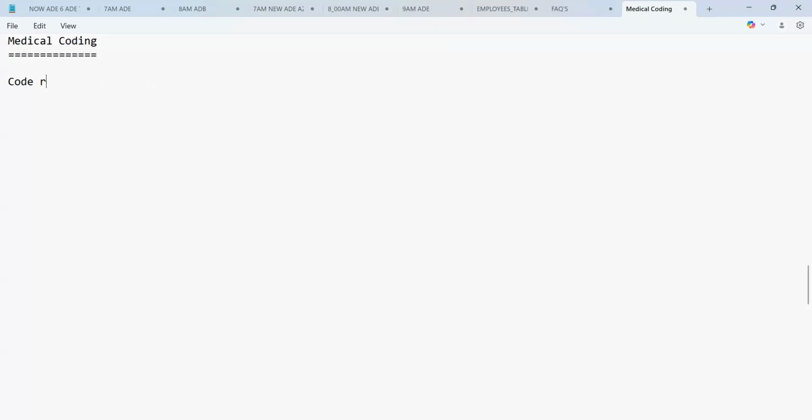Or else let's use it in this way, that will be better. So, guys, what is medical? Everyone, what is medical?